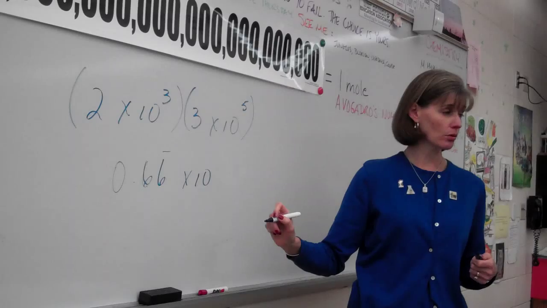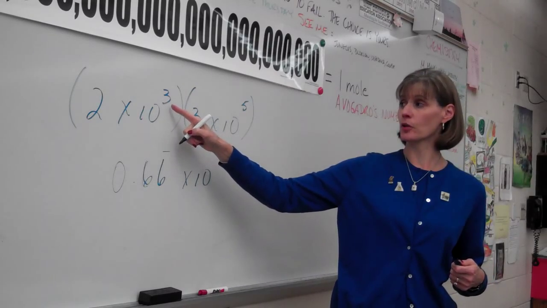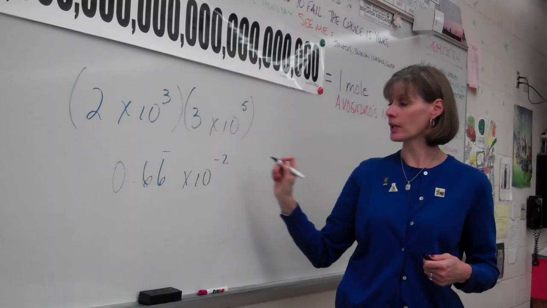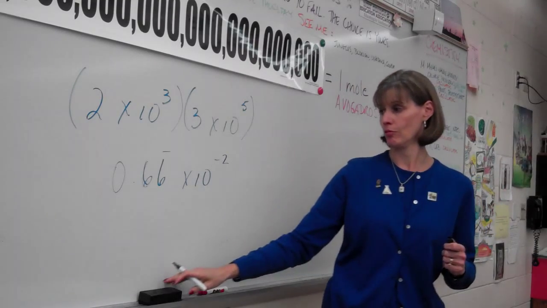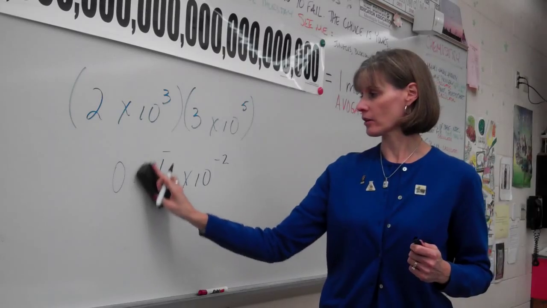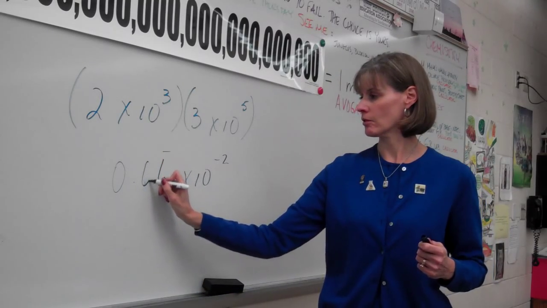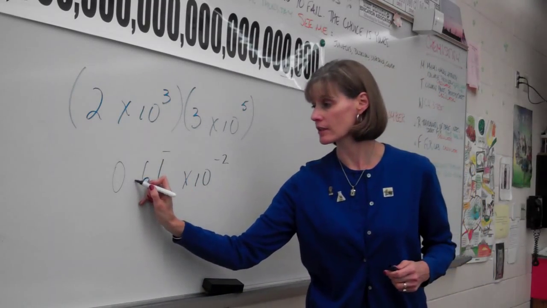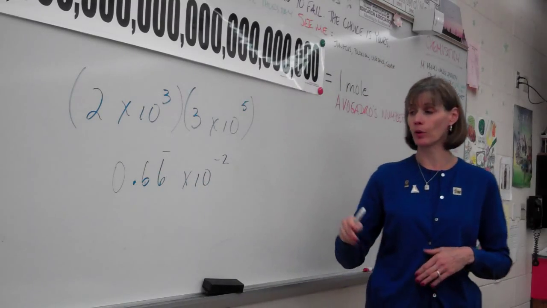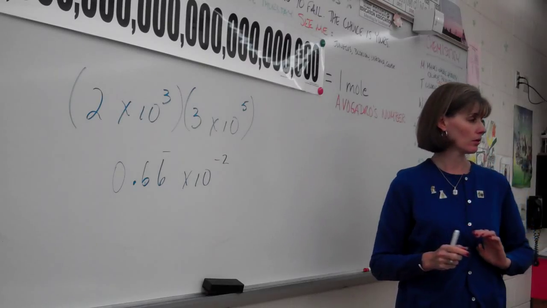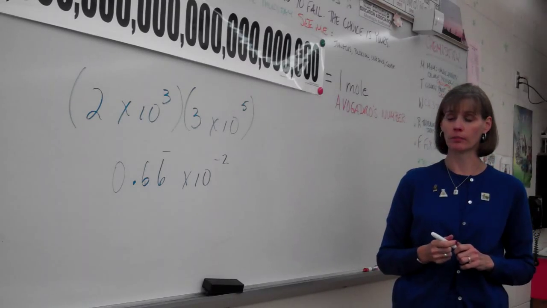Why negative 2? Subtract the exponent. 3 minus 5. Now, is this correct scientific notation? No. Let me write my 6 better for the viewing audience. Okay, 0.66 is not a number in correct scientific notation. So we might have to do another step here. How do we write this correctly?